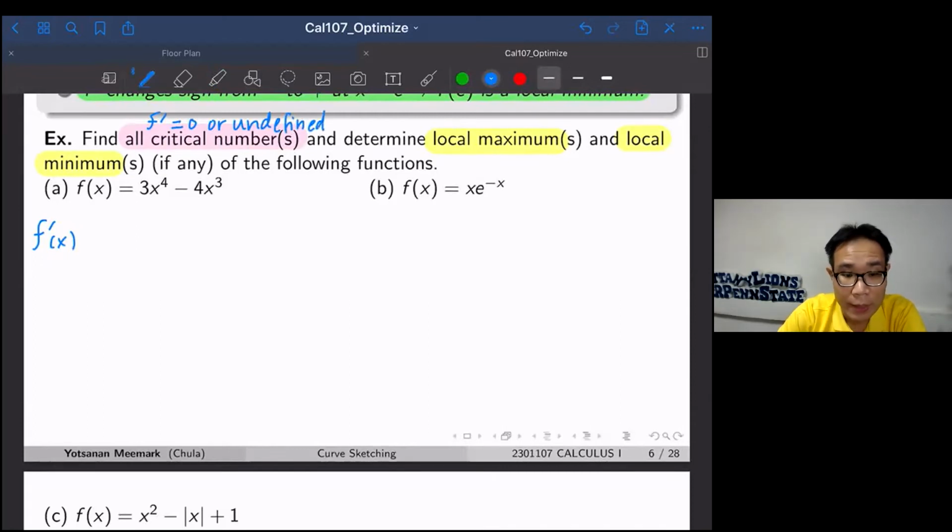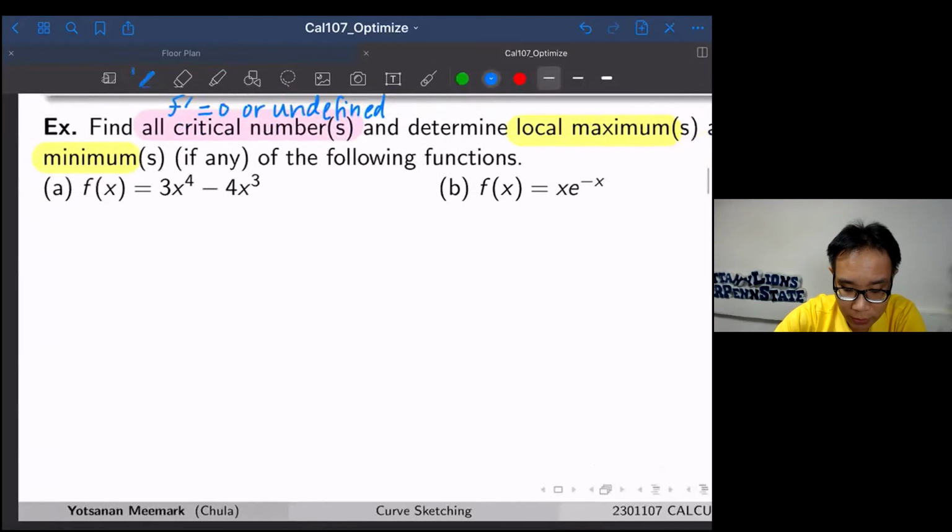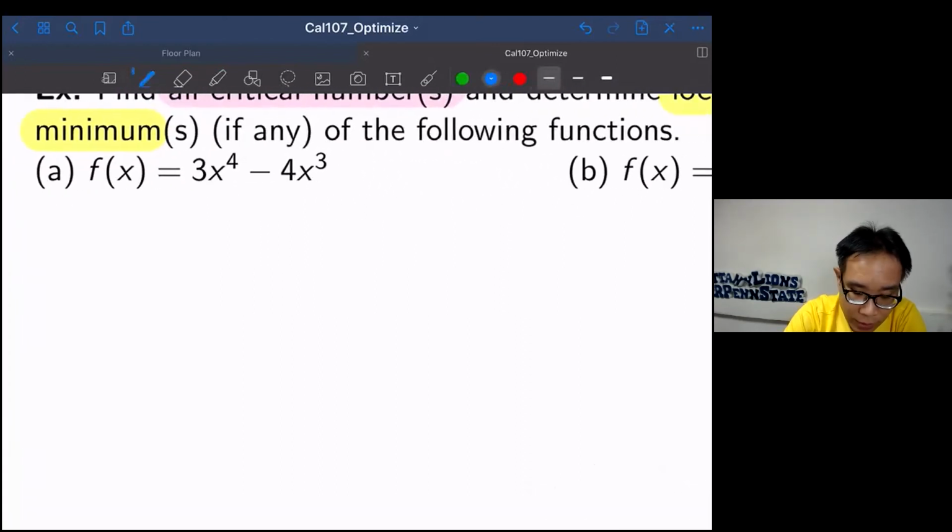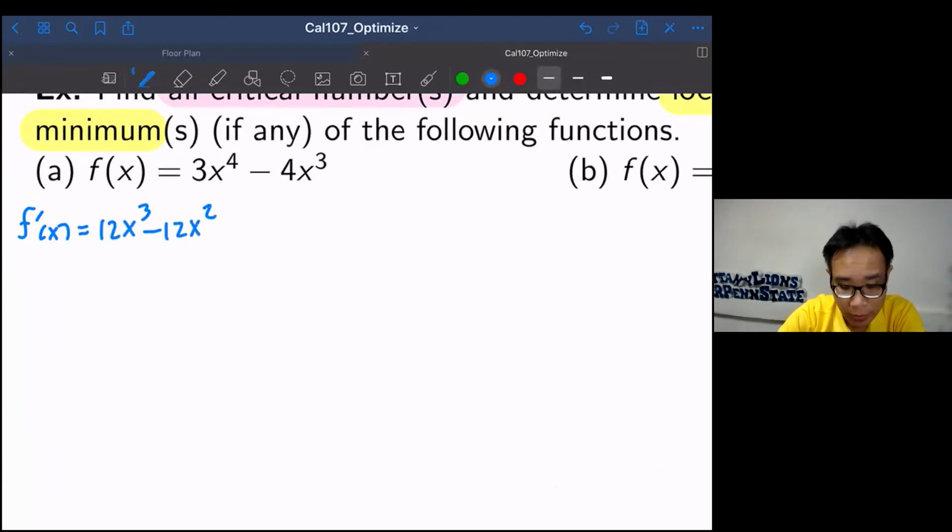In this case, you're going to first find the derivative of the function. So let me write this one. Let me enlarge this. So you have f prime x equal to 0. So what is f prime? It's going to be 12x cubed minus 12x squared. This equal to 0.